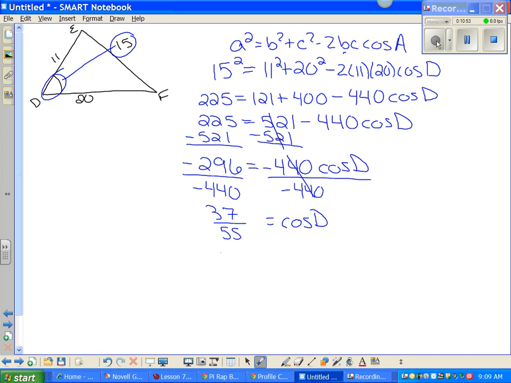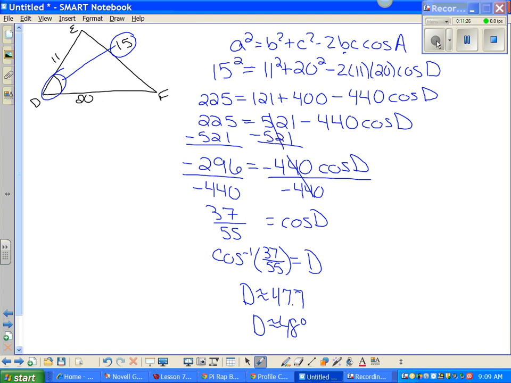Take the inverse. Is that to the nearest 10? How did it want the answer? Nearest degree. So what's it going to be? 48 degrees. Good.